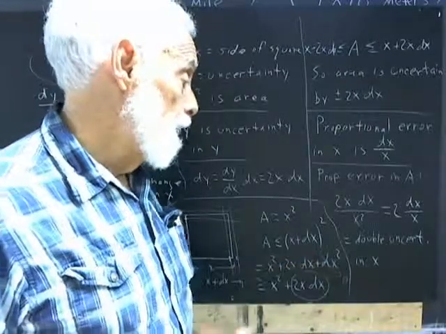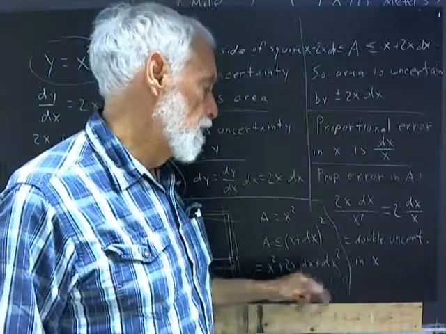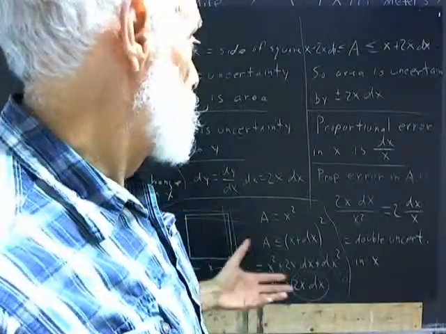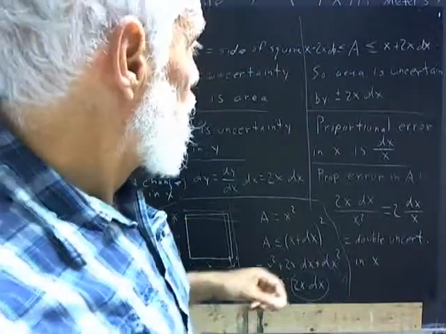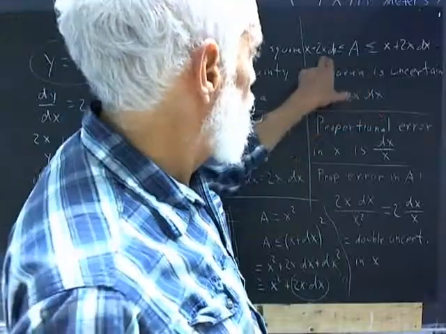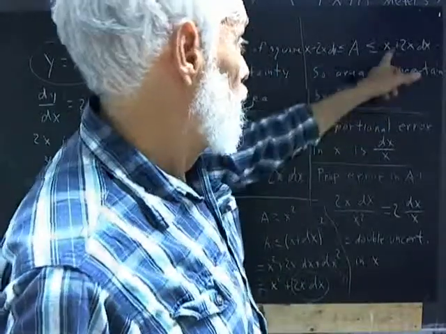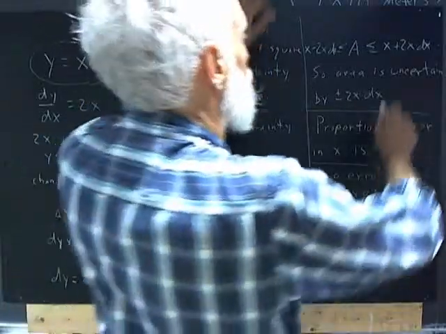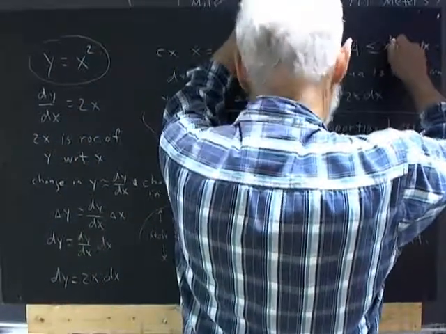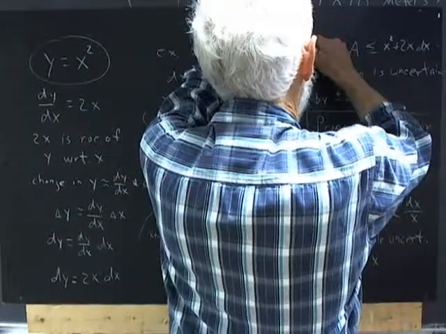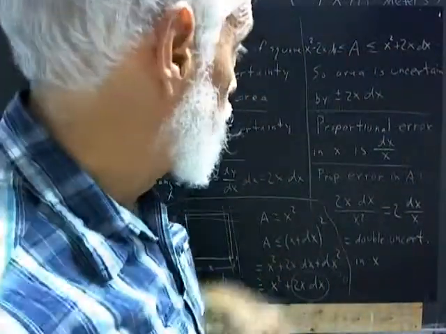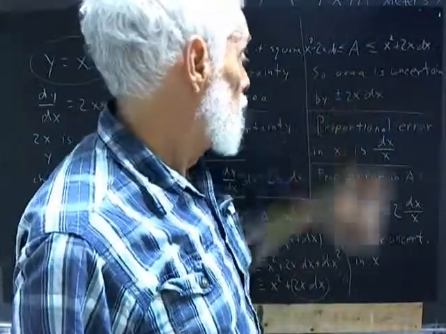Now, if you have a fairly large uncertainty, dx squared might not be all that negligible, but compared to 2x dx, it will still be a rather small term. And you have to make judgments when you use these approximations. So in any case, the area is uncertain by plus or minus 2x dx.